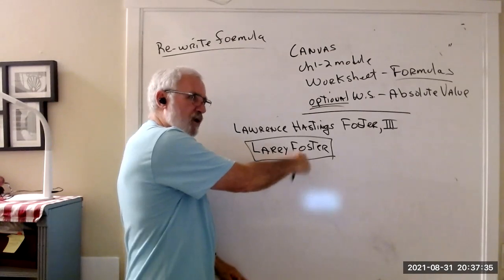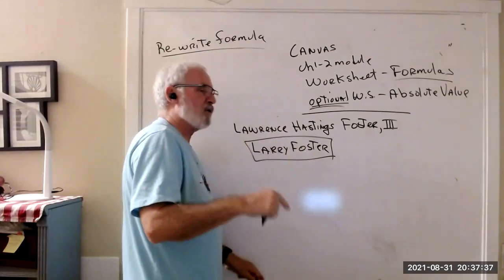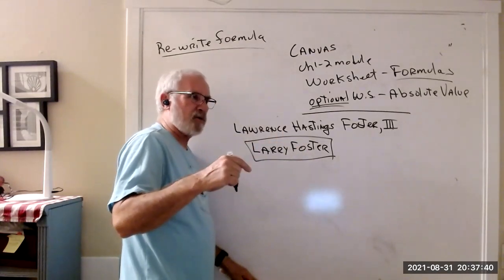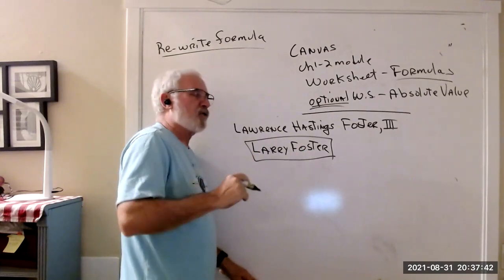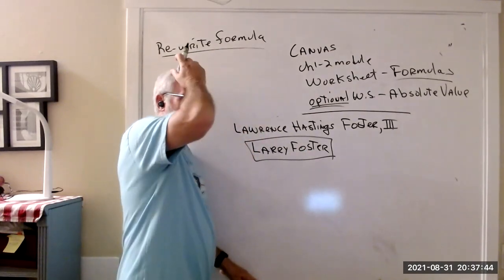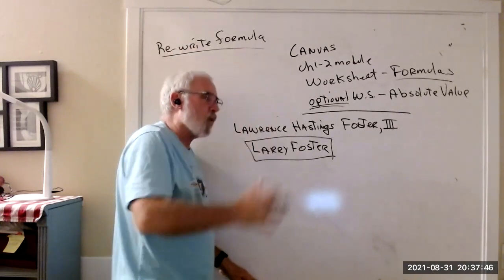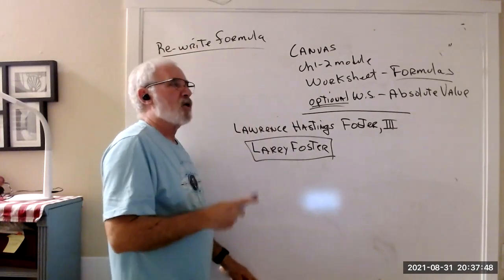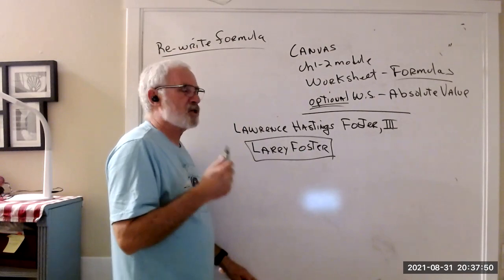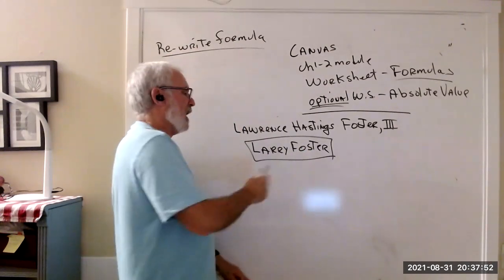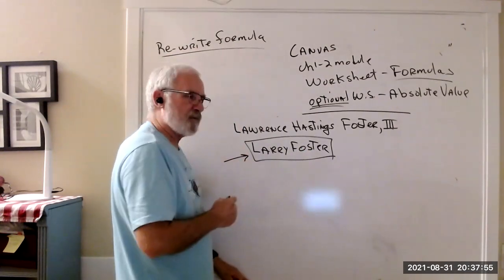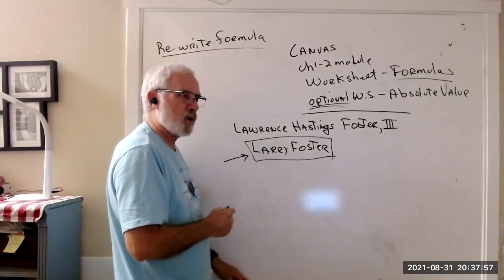So each one of you, now some of you have shortened names already. Great. Some of you have really long names, first name, last name, whatever. Tonight, I want you to send me a shortened, if possible, version of your name.